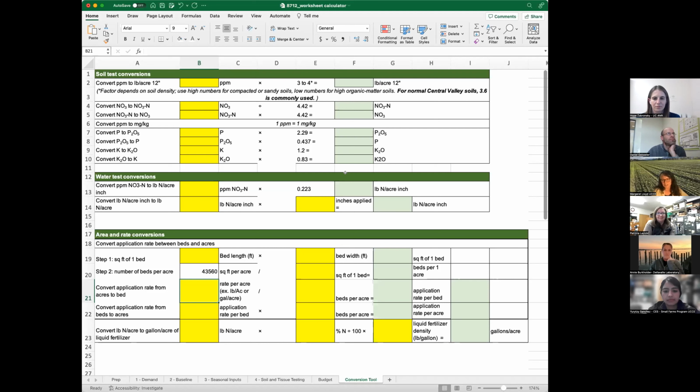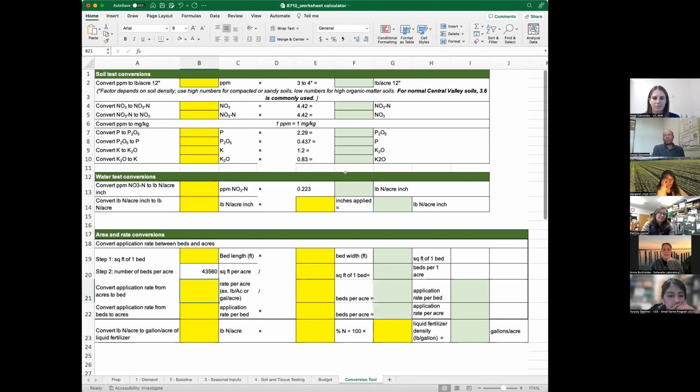The recommendations that Daniel just mentioned are given in pounds per acre typically, although sometimes the nitrate test strips will be giving you ppm. And then also for small scale growers, it can be really hard to convert acres to a bed system.